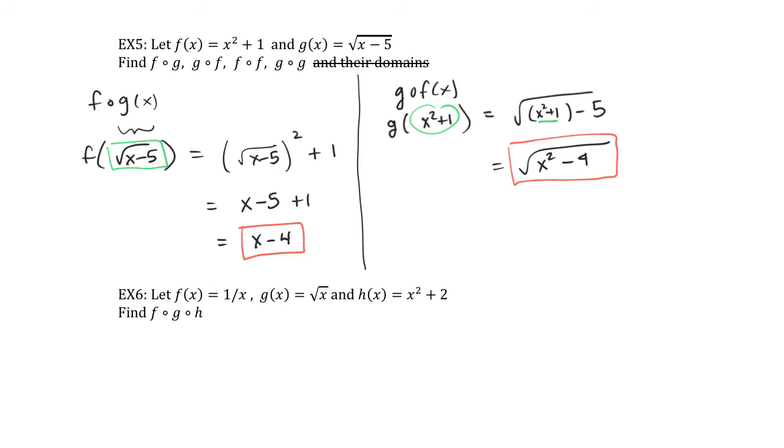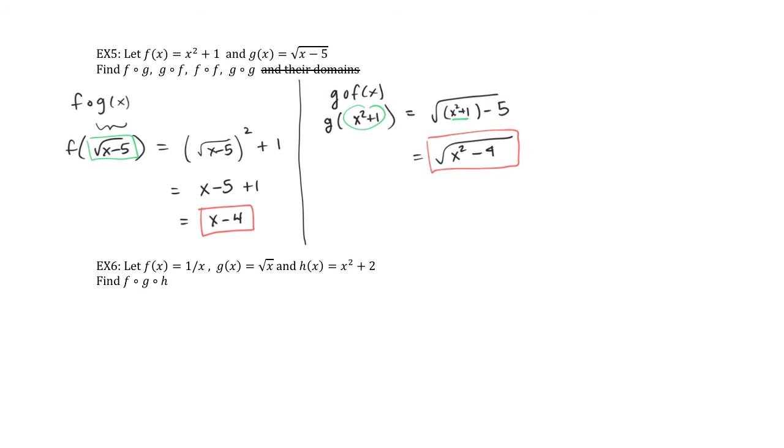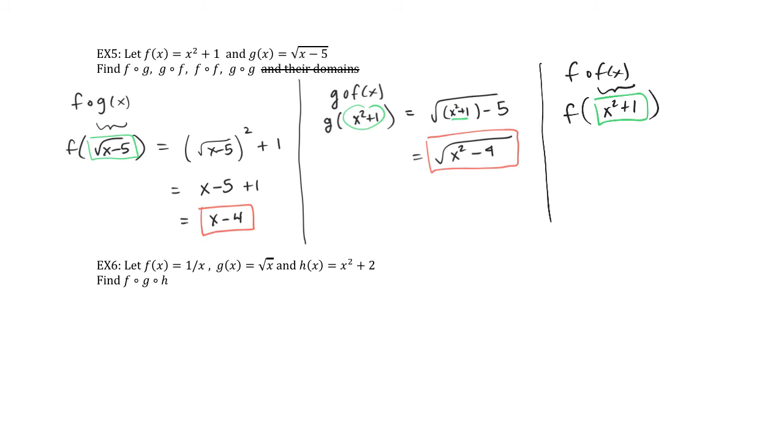There's that one. Now we're supposed to do f of f and g of g. f of x takes x squared plus 1, and now I plug that in as my input to f again. f takes my input, squares it, and adds 1, but now my input is x squared plus 1. So I need to multiply that out.